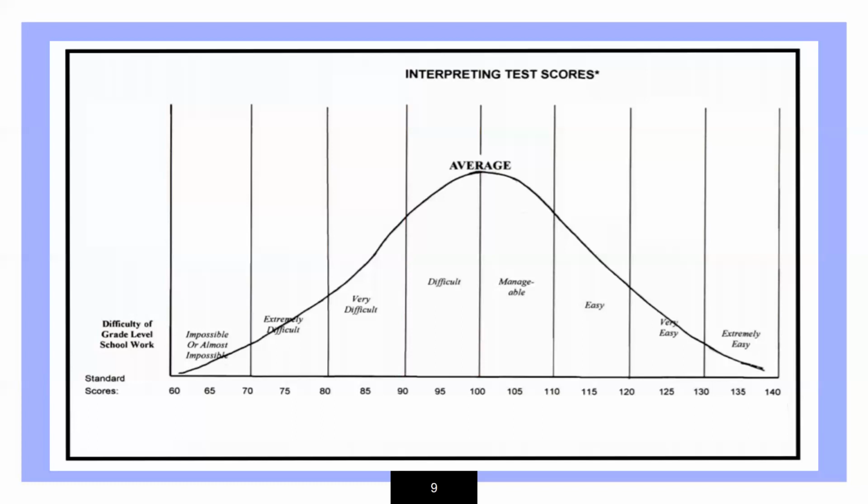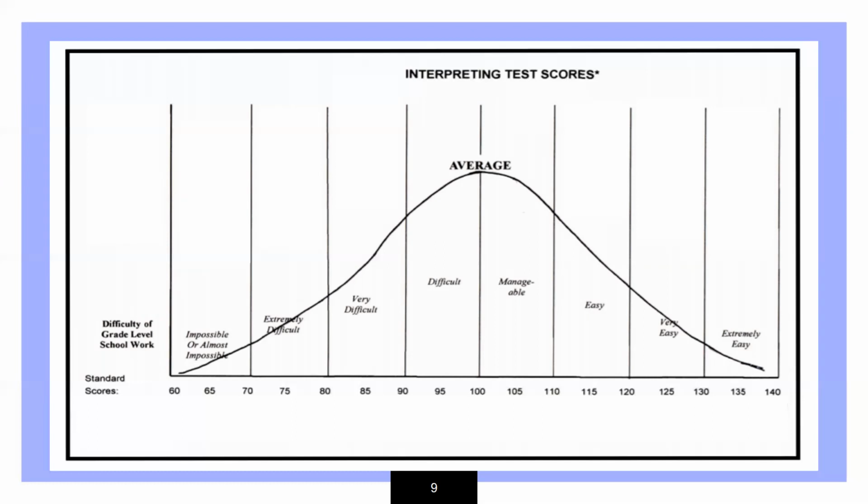For any normed test, we can look at scores across tests and compare them to each other and see if there are any relationships or correlations between them. That's why norm tests are so important to understand, because they help us compare one test to another, and they also give us a common language that we can use.